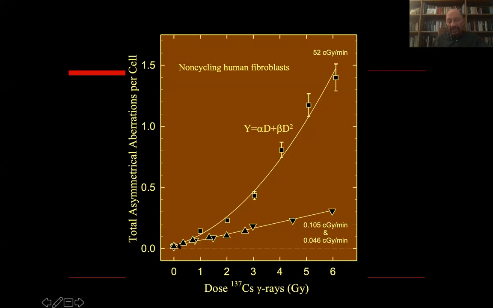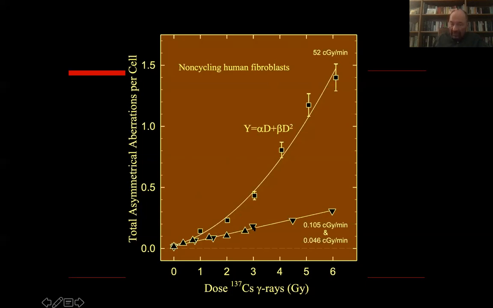This is a typical dose response curve in non-cycling human fibroblasts. These are asymmetrical aberrations per cell in Giemsa, so dicentrics plus rings, nicely linear quadratic. If you go down in dose rate, it becomes linear, and please note, 0.1 centigray per minute or 0.046 centigray per minute gives the same result.